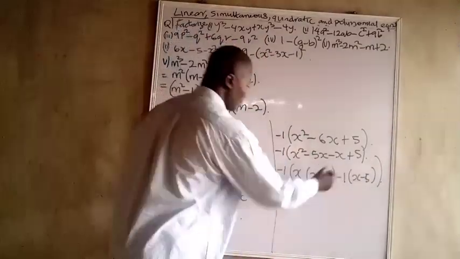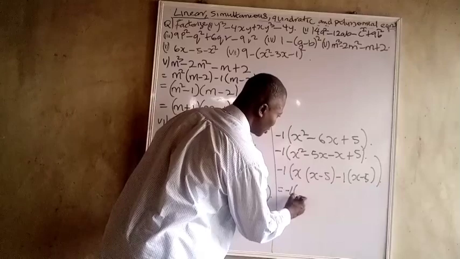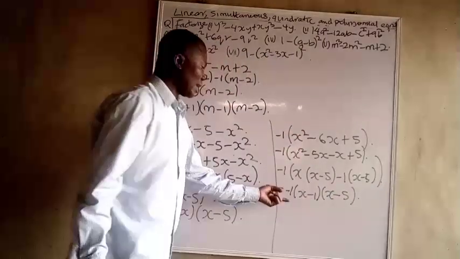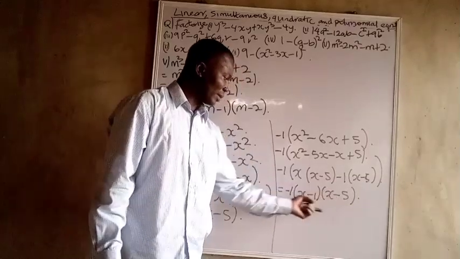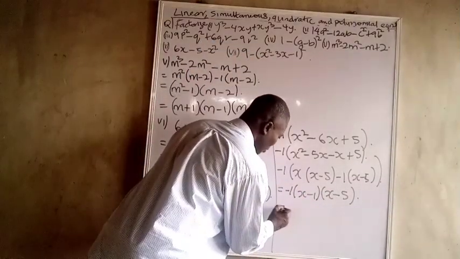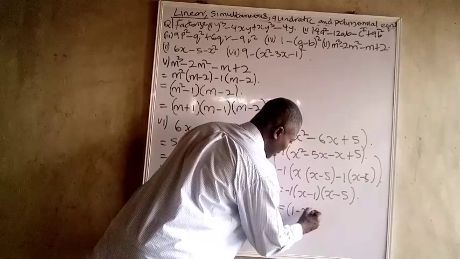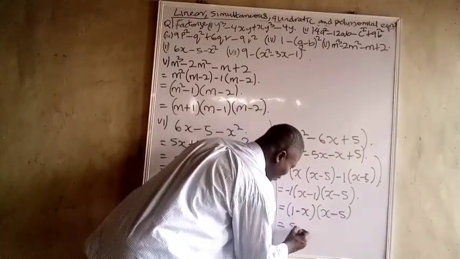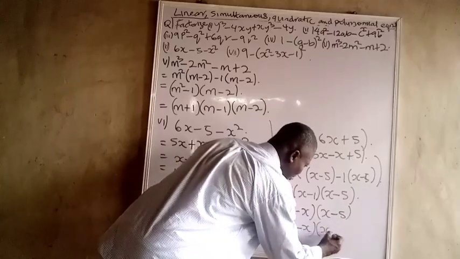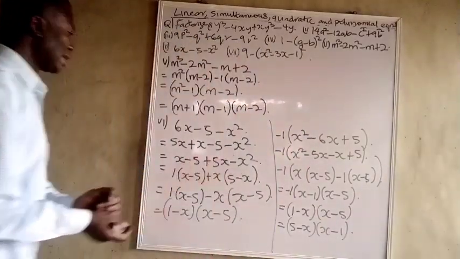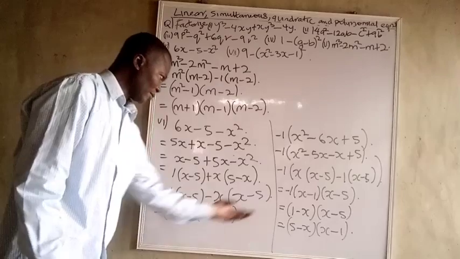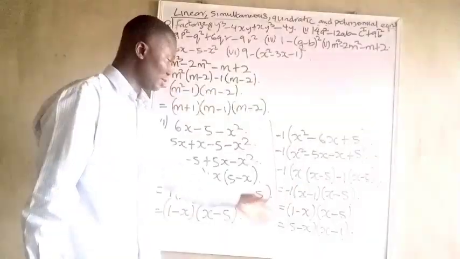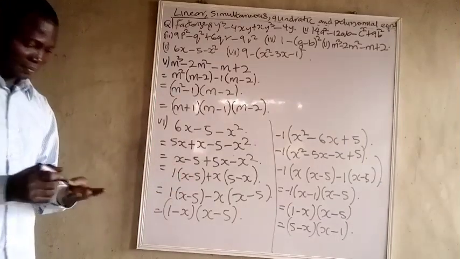So it's going to give me minus 1 into x minus 1 into x minus 5. So I either multiply this one by minus 1 or this one by minus 1, any of the two. So it's going to be 1 minus x into x minus 5 or 5 minus x into x minus 1, any of these. So that's the answer. So this one is easier. Once I see something like this, this is what I normally do, so that I won't get confused.